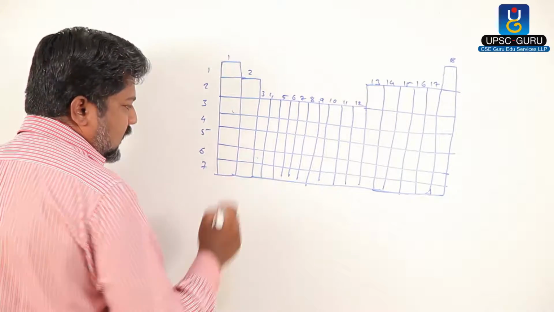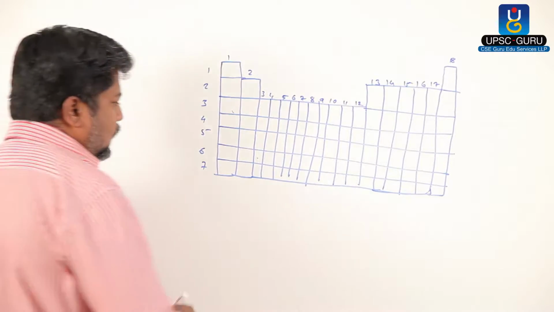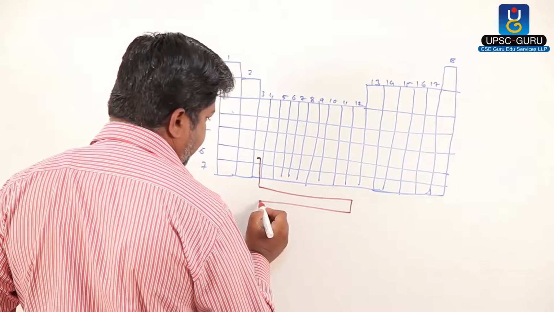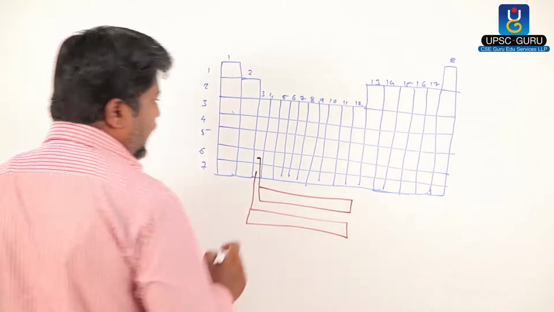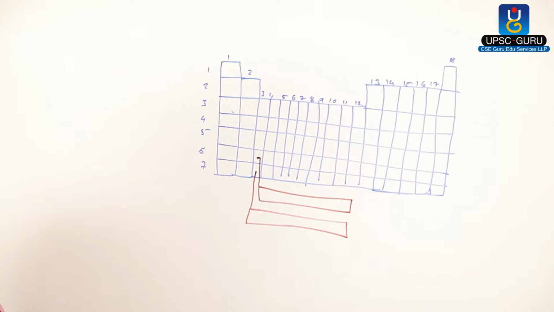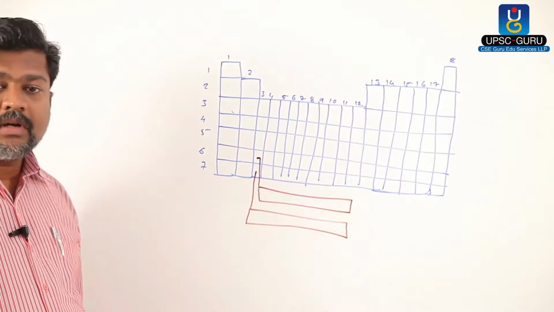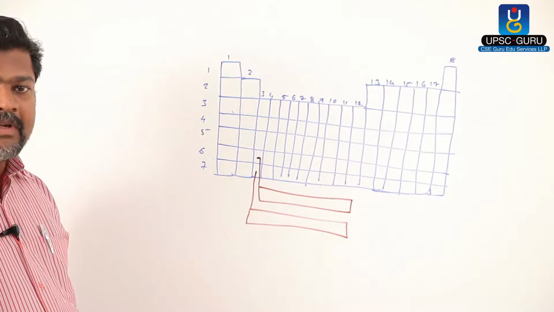Then from this side, which I am showing in a different color, the lanthanide group, and this side the actinide group. If you observe this periodic table, I am drawing only the skeleton of it.